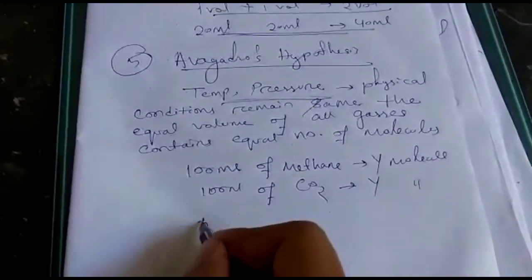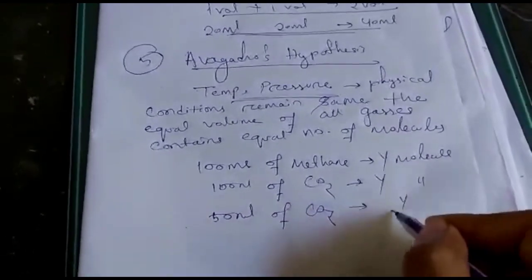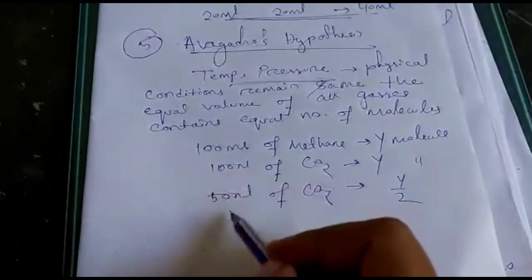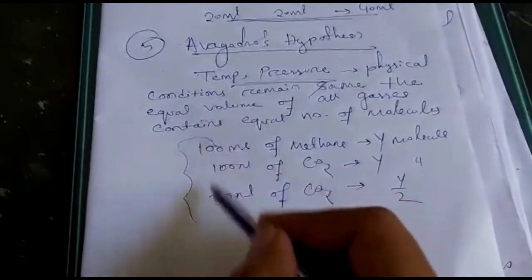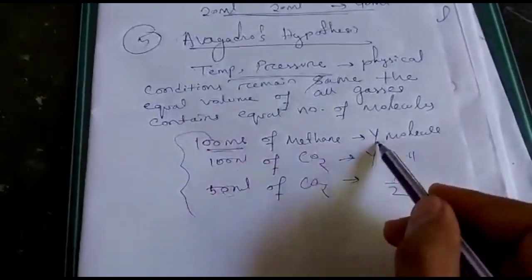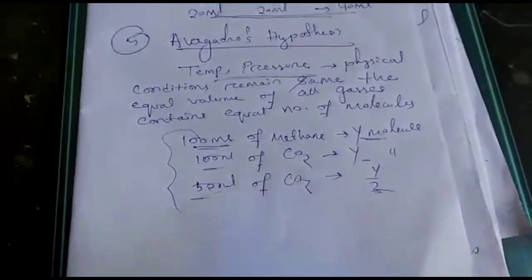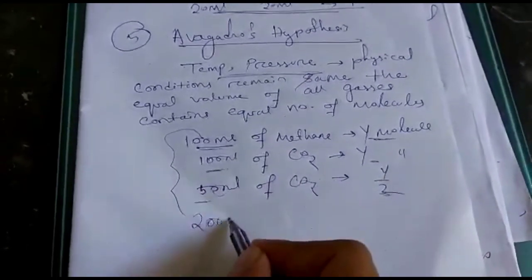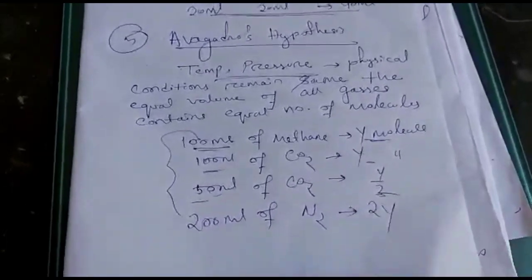If you take 50 ml of CO2, then it will automatically be Y by 2. They always follow this rule. If it is 100 in Y, here also 100 in Y, for 50 it will be just half. If you need 200 ml of nitrogen gas, then it will be 2Y.